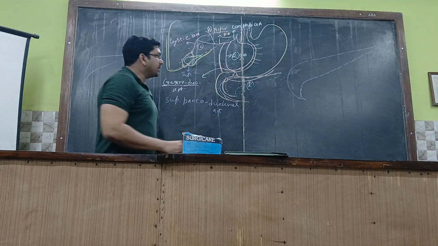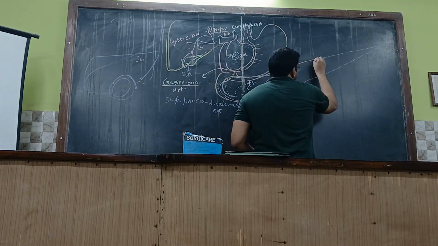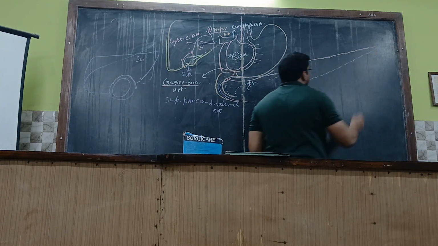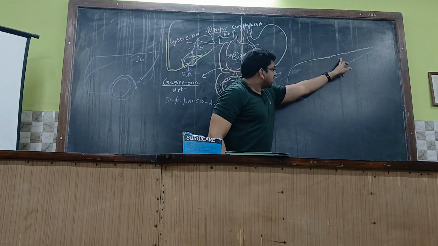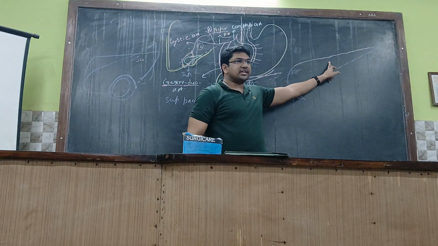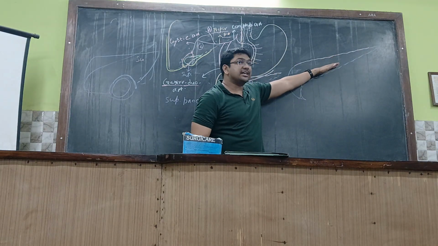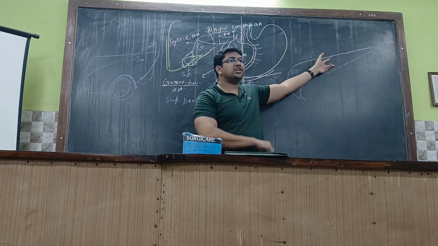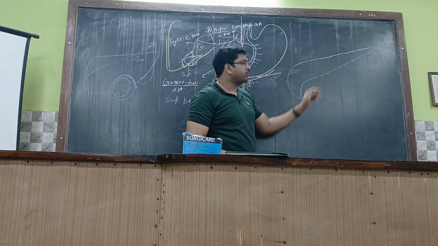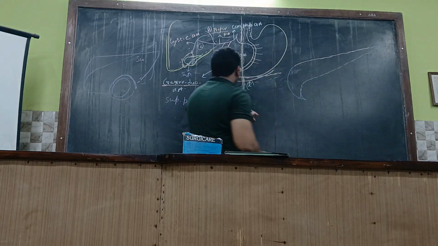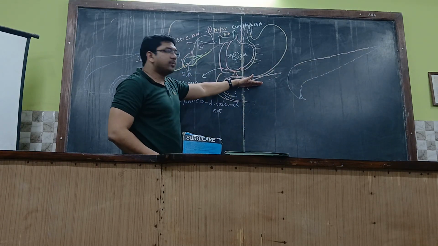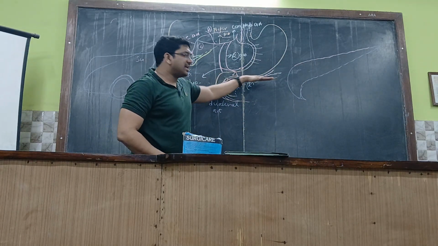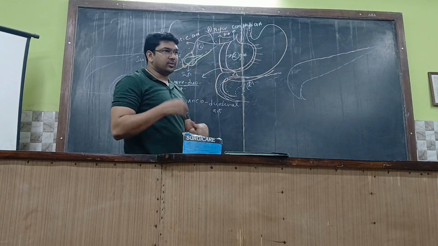Towards the posterior aspect, in the middle of the body of the pancreas, will be running the splenic vein. Based on these relations, you can identify the structures within the cadaver. This is the upper border of the pancreas, this is the lower border. There is one more border called the anterior border for the body of the pancreas. We'll be learning it later.